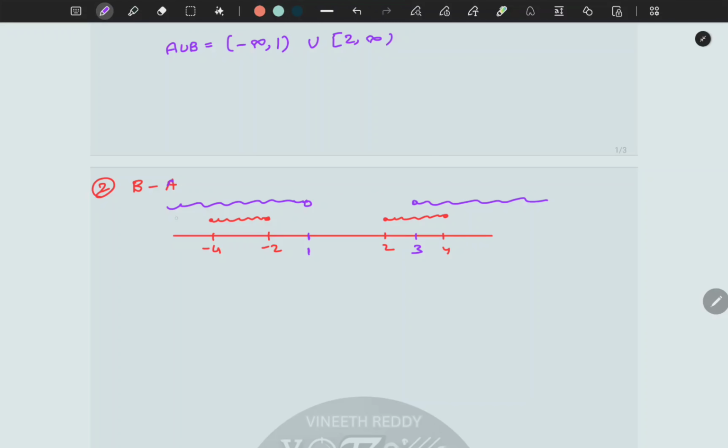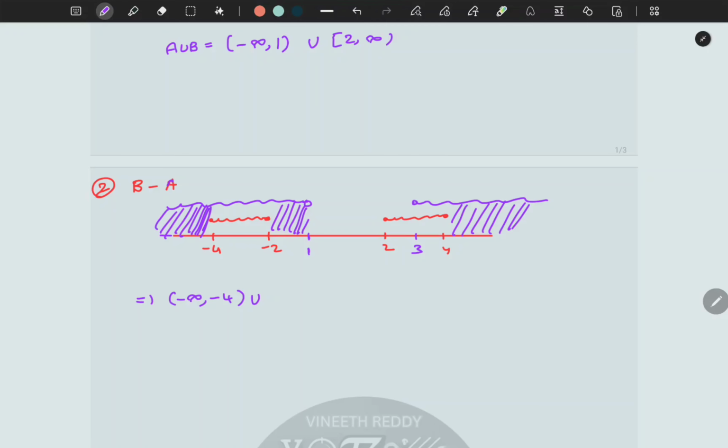Now listen very carefully. The region that is included is this shaded region. From B we have to subtract A, right? That means this region should be included. How do we write that? See, minus 4 should be subtracted, so we will write minus infinity to minus 4 open, union.